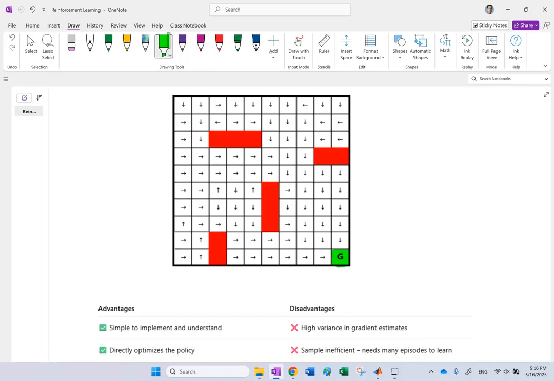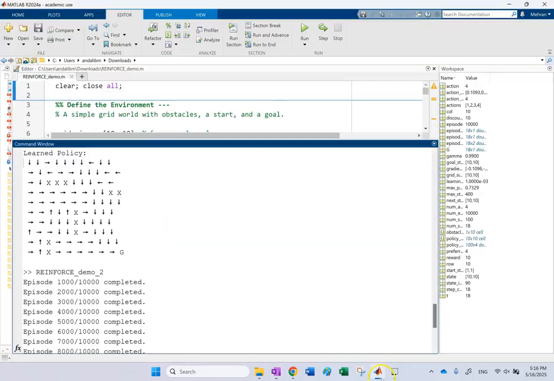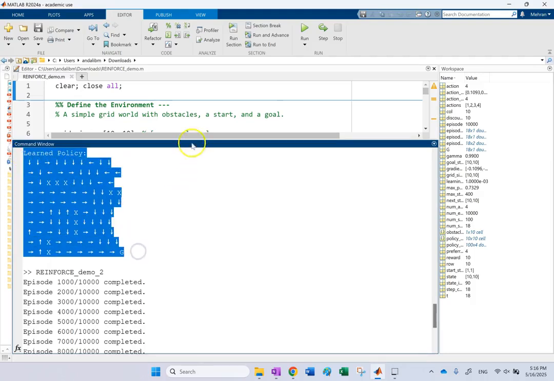This is supposed to give me the best policy for any start point. From wherever I start, this should lead me the way. And I have a bunch of cells that are blocked and there are obstacles in them. So the code that I have over here is basically doing this task. It shows you the learned policy.